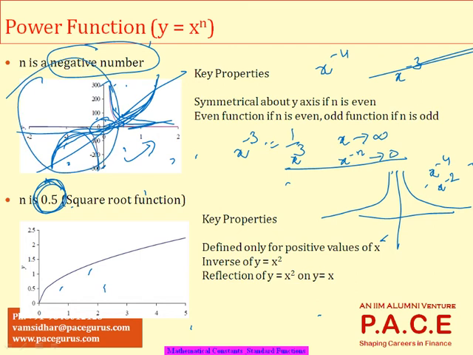So x is only from 0 and onwards. We don't find anything for negative values of x, only positive values. And as x is increasing, the square root of x also keeps on increasing. So this is also an increasing function.